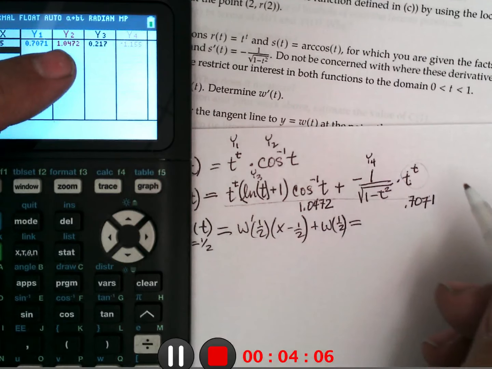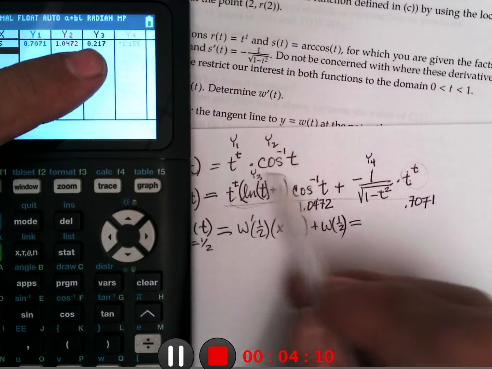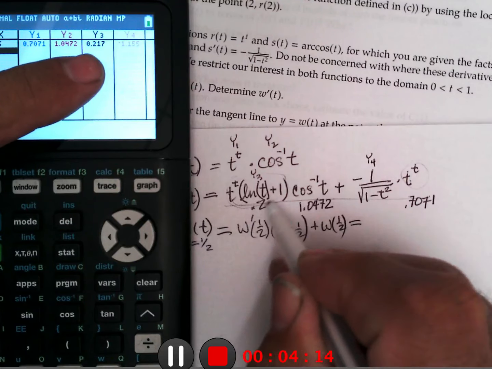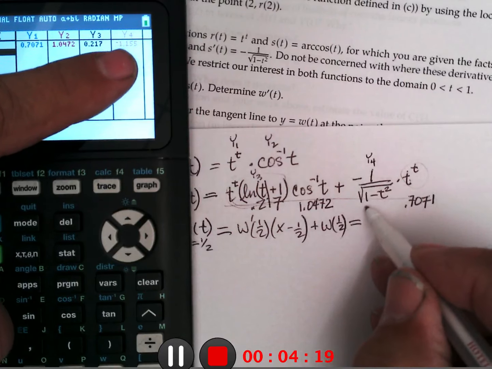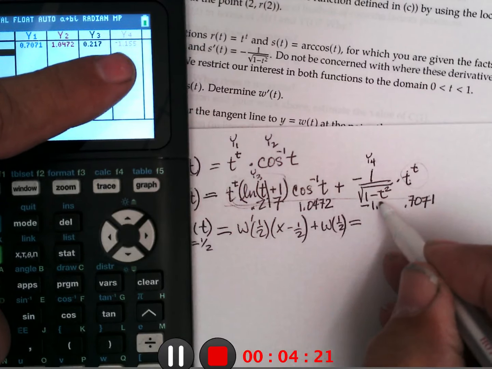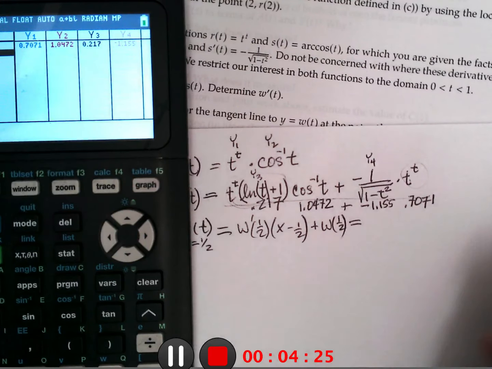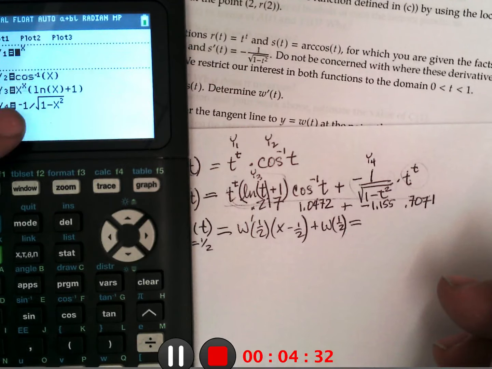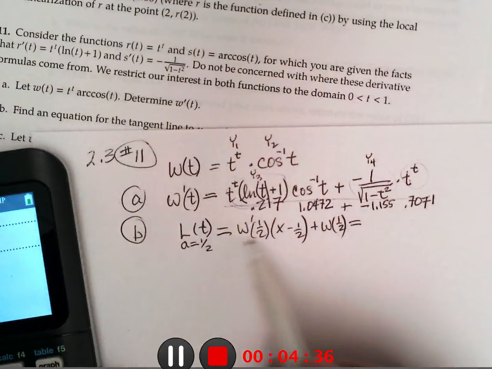And then y3 is the derivative of this. That's this one with a half, and there's 0.217. And y4 is minus 1.155. And that was all of that because it had the minus in there already. So all I have to do is work out this to get that derivative.